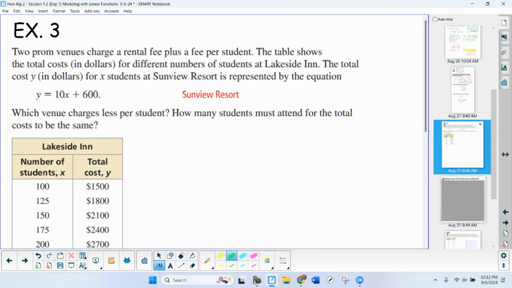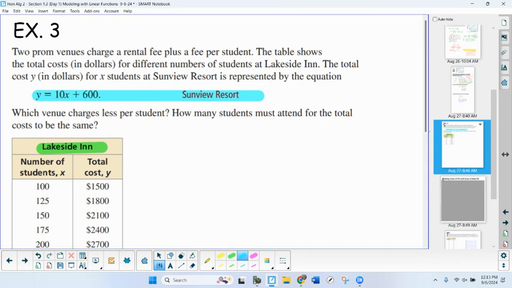If you have 100 students, it costs that much, 125, and so on. The total cost Y for X students at Sunset View is here. Which venue charges less per student, and for how many students would the cost be the same?